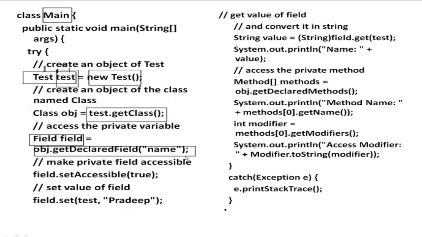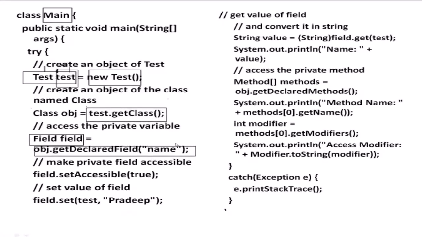If you notice, field is not a particular class, not a particular variable, not a particular method, but we declare it as a field. There is no need to declare a class explicitly. Once you create a particular name and object, it is going to be taken as a class only. Next, object dot getDeclaredField name.